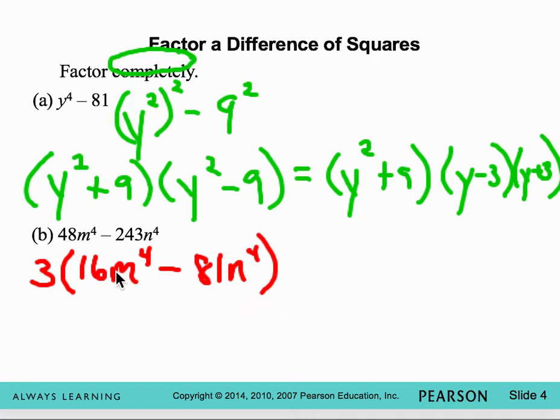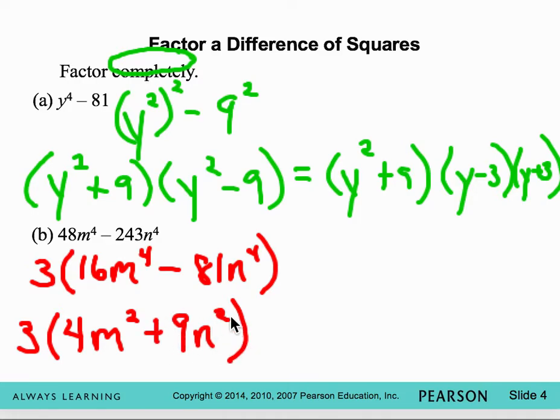And now I see that's something squared, something squared, something squared, something squared, and it's a minus. It's going to factor. I need the square root of 16, the square root of m to the 4th, the square root of 81, the square root of n to the 4th.